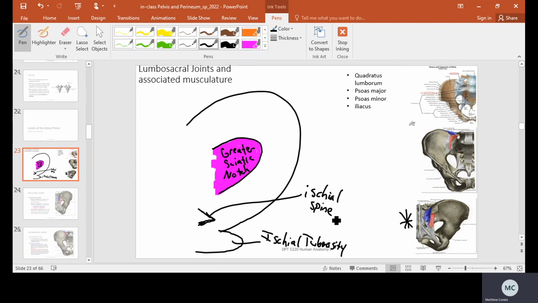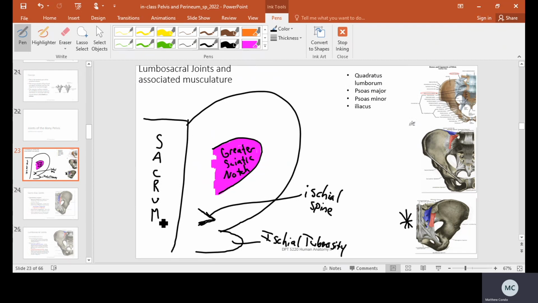I'm also going to draw in one half of the sacrum. So this guy here is my sacrum. On the posterior aspect, I'm going to see two pretty darn large ligaments here, okay?